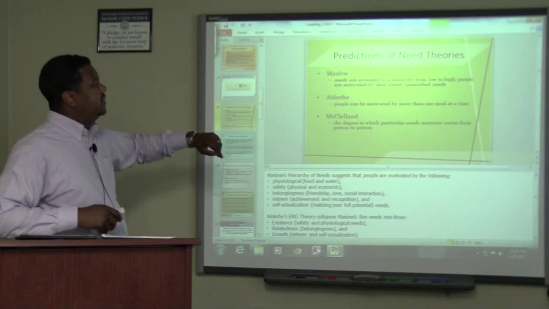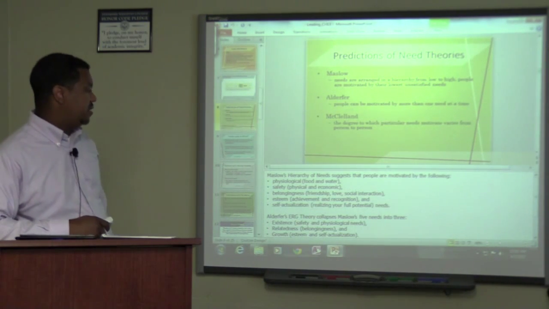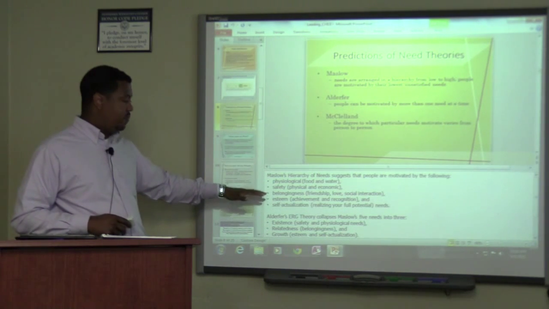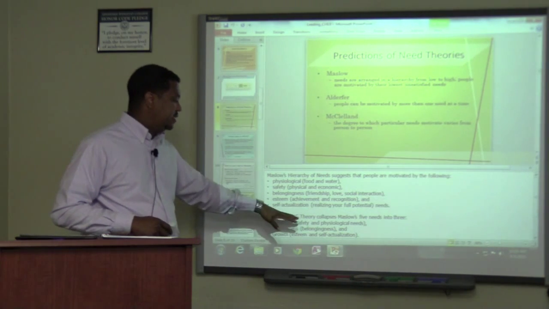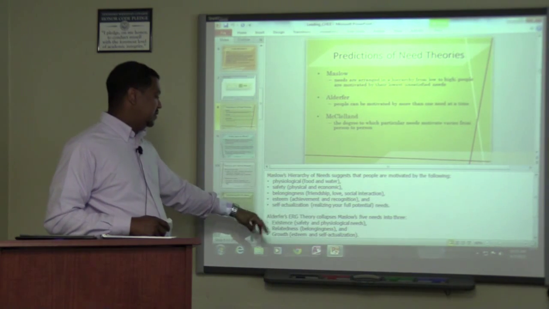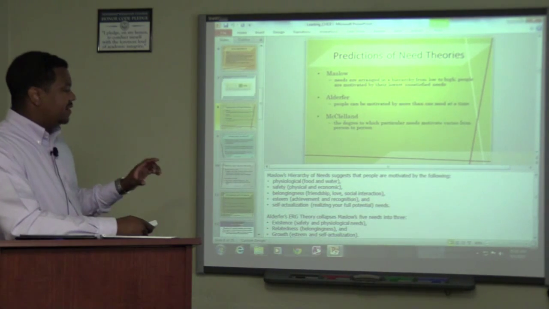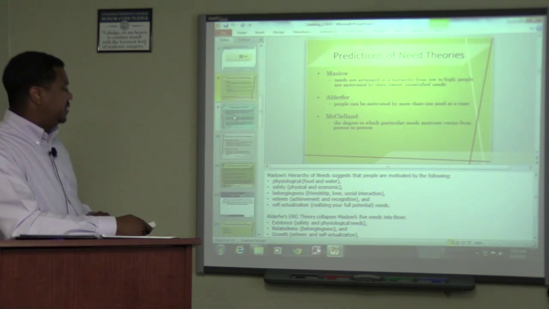A good way to predict these needs is looking at Maslow's hierarchy of needs, where individuals must go through this hierarchy before they can achieve these different needs in order to be successful. While ERG theory, E for existence, R for relatedness, and G for growth, can collapse these different types of needs of Maslow's but are necessary for them to be successful.